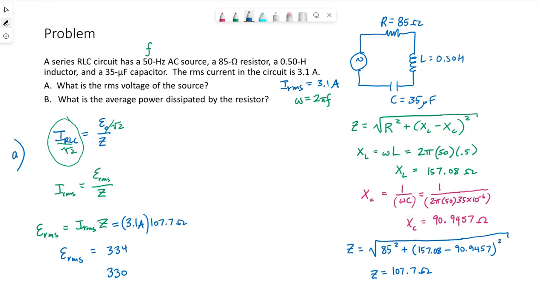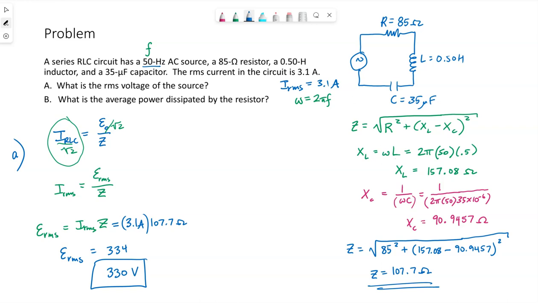approximately 330 volts RMS would be this source that results in this specific RMS current when the frequency is 50 hertz. By the way, if we were to change the frequency, that would totally change Z, which would in turn mean the source voltage was different.